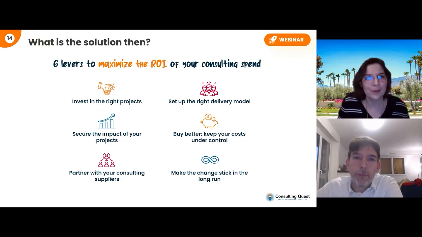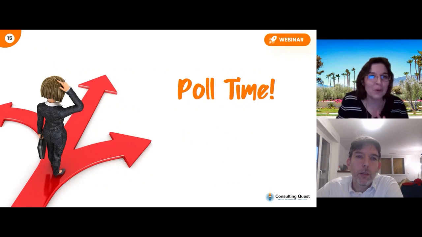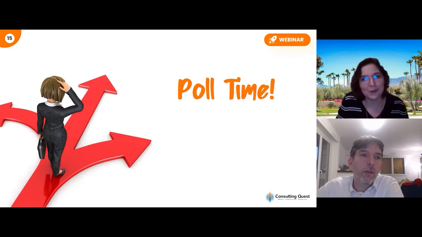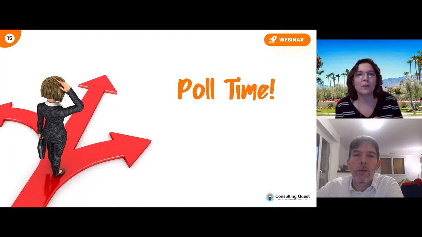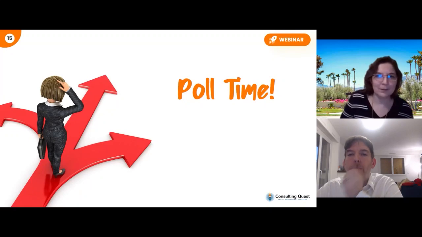Nope. No? Okay. So now we're going to, bear with me, because it's my first time I use it. We're going to try a little thing. So that's a poll. Can you answer the following question? Can you see the poll, guys? Yes, I can see people are voting. All right. So the idea is, on which level do you think your organization is the most mature?